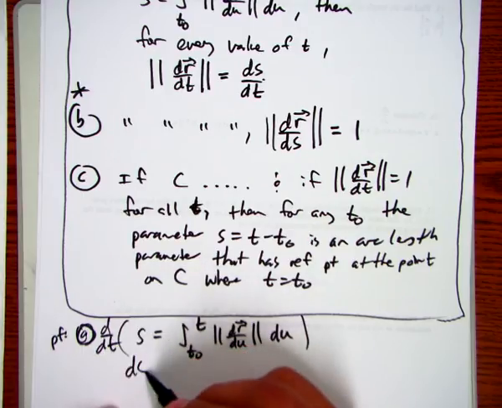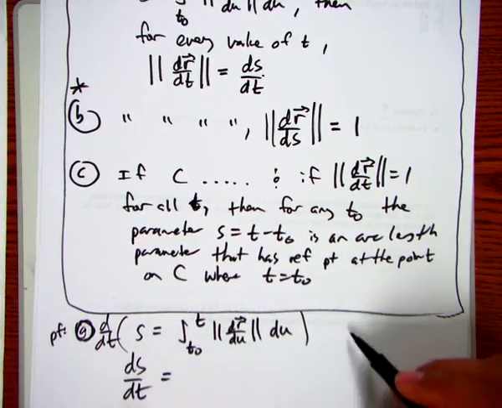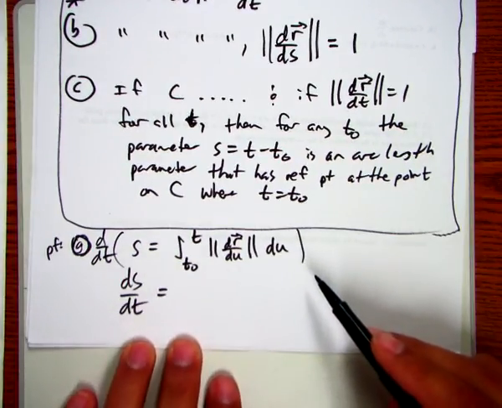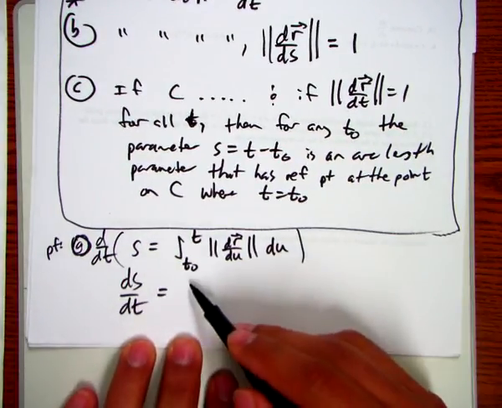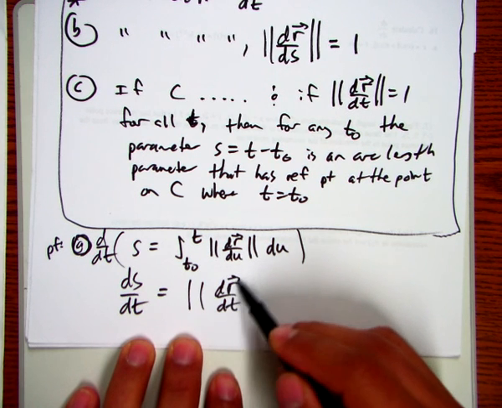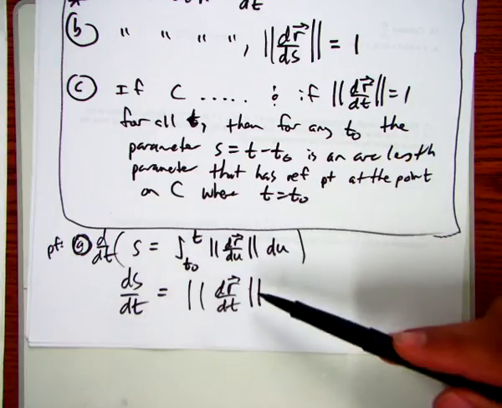So now we have ds dt. And by the fundamental theorem of calculus, we just get magnitude of dr dt on this side. Right? Taking the derivative of the integral, we'll cancel it out.